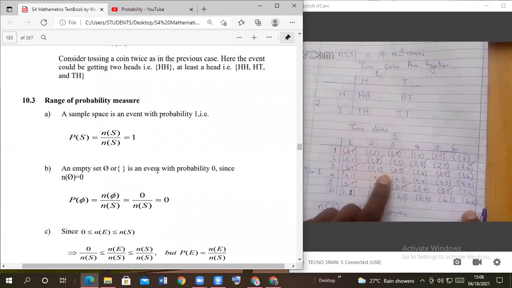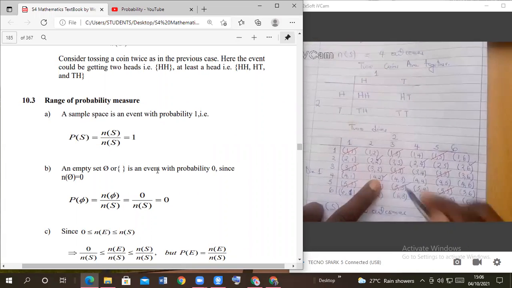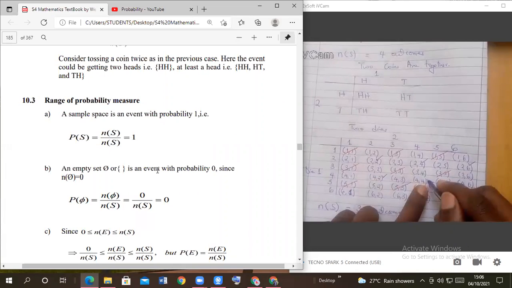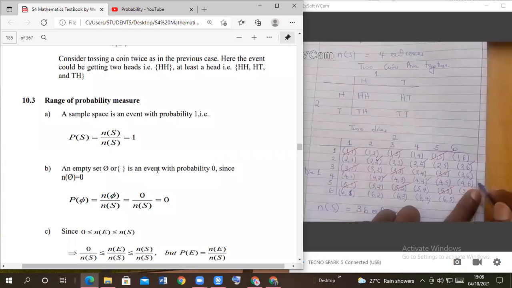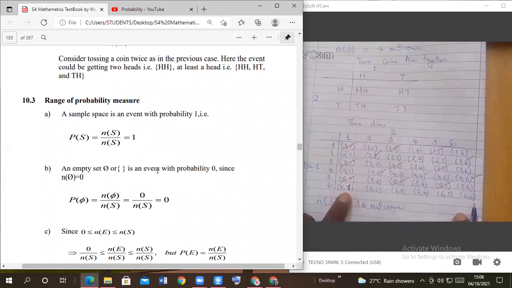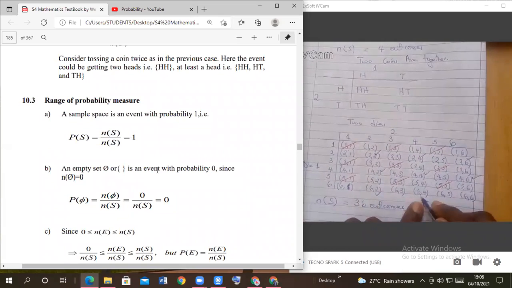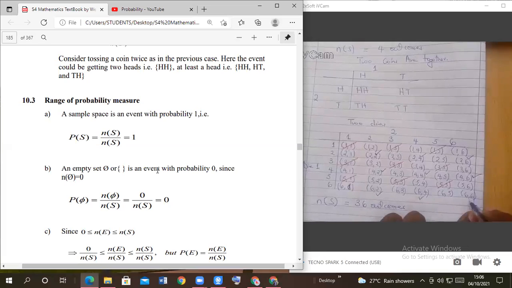Then we go to 4, 2. 4, 4. Then 4, 6. What about 6? 6, 2. 6, 4. 6, 6. Count.